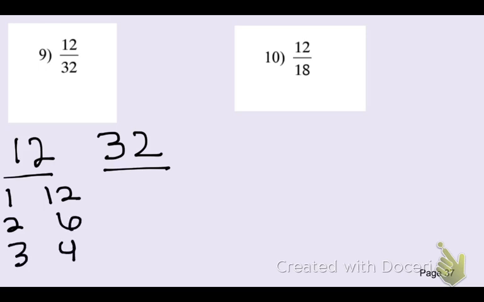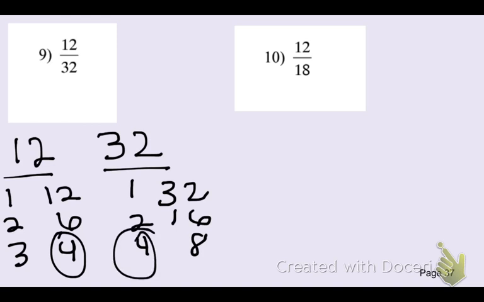Now we need to list out all the factors of 32. So I have 1 multiplied by 32, 2 multiplied by 16, 4 multiplied by 8. All right, so I can say that the GCF of these 2 given numbers is 4.